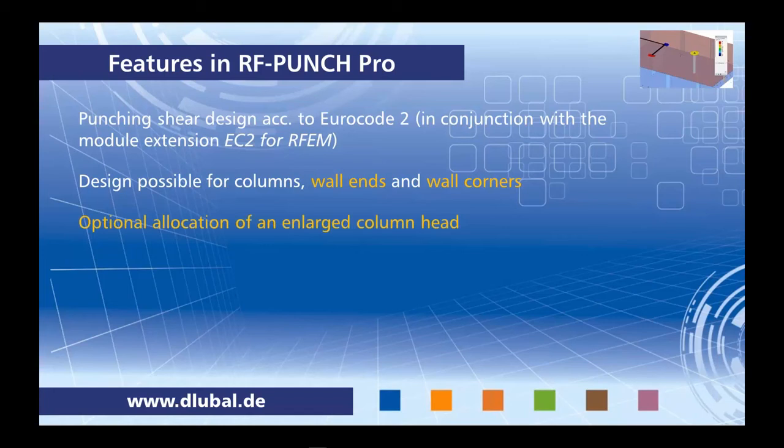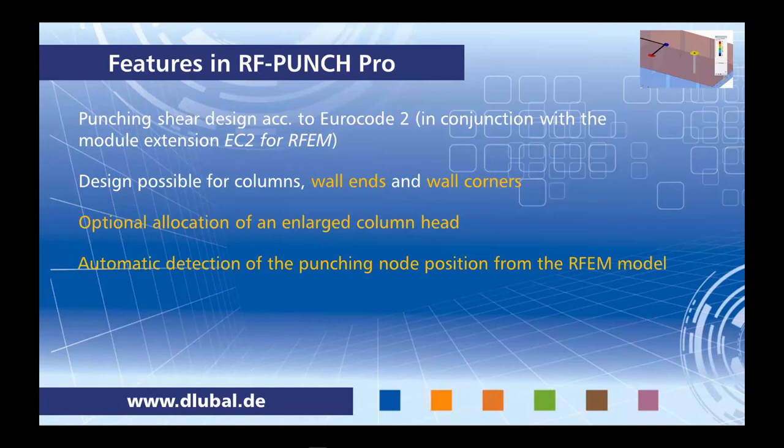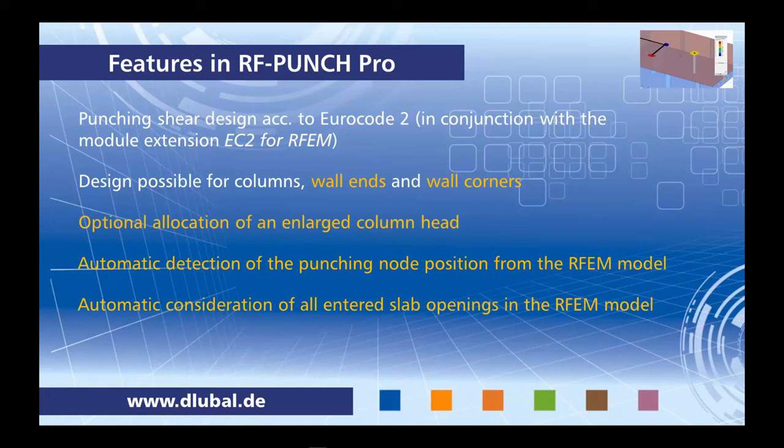You can locate a large column head, and automatic detection of punching nodes and openings are automatically considered in RFEM. Now I want to change my screen to my colleague Moritz, who will show you a live demo about the new module.